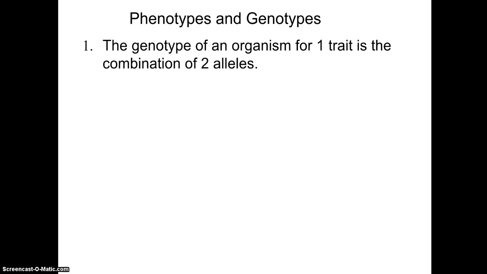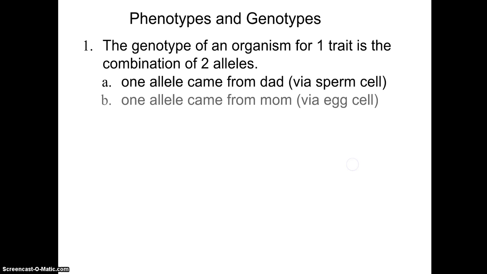Now let me give you a couple more vocab words just so you can understand where we're going here. First of all, a genotype is a combination of two alleles. Now why is it two? We get one from dad via a sperm cell. Plants have sperm cells too, that's what's inside of pollen. And one allele came from the mom through the egg cell. So for every single trait, you have a genotype.